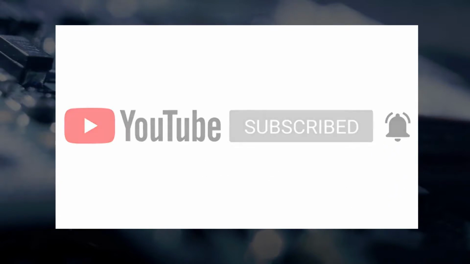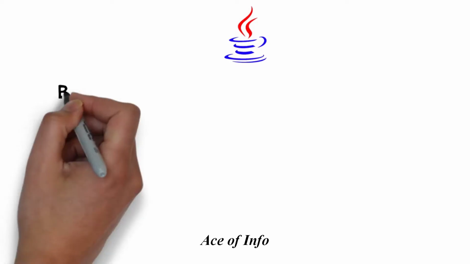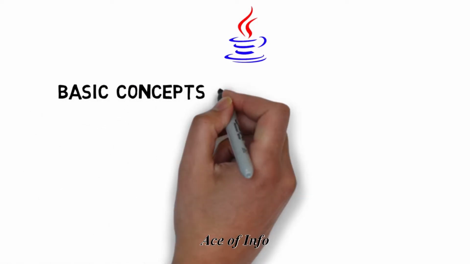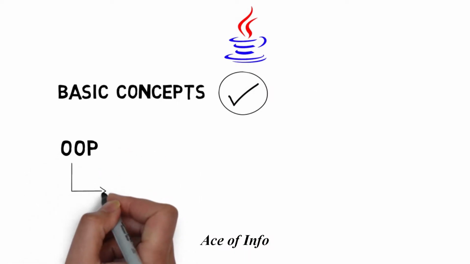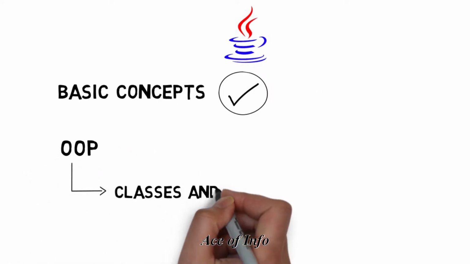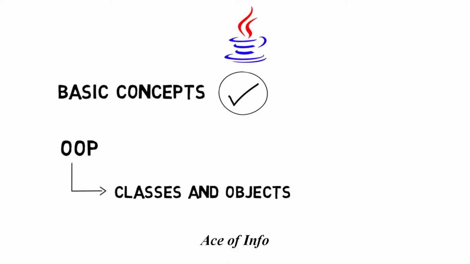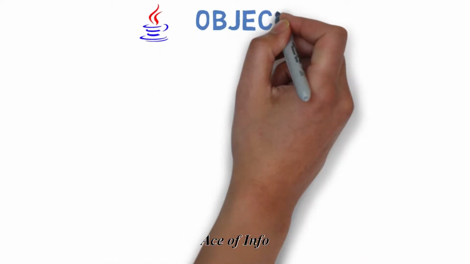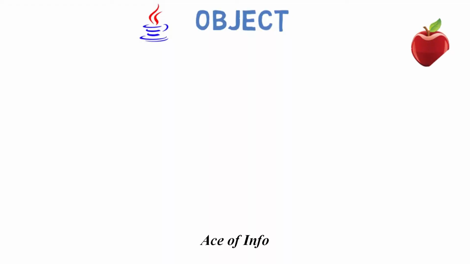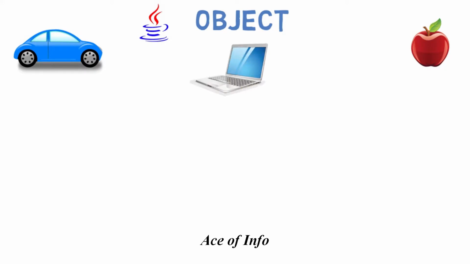Okay, so if you really understand basic concepts, let's dig a little deeper into OOP and try to understand classes and objects. Java uses object-oriented programming, so programmers need to think closer to real-world objects when programming. Each object is unique. For example, an apple, a car, these are objects. Think of it this way: your laptop is an object.